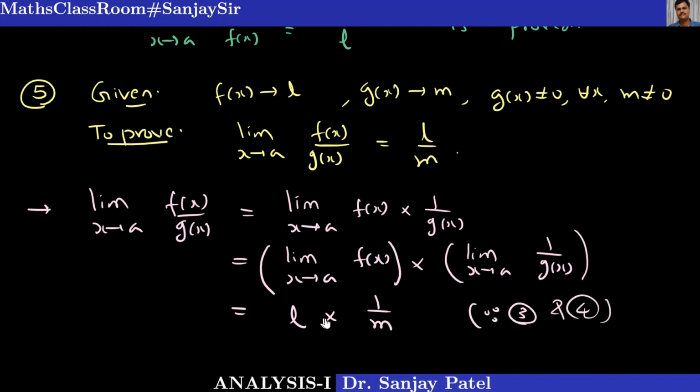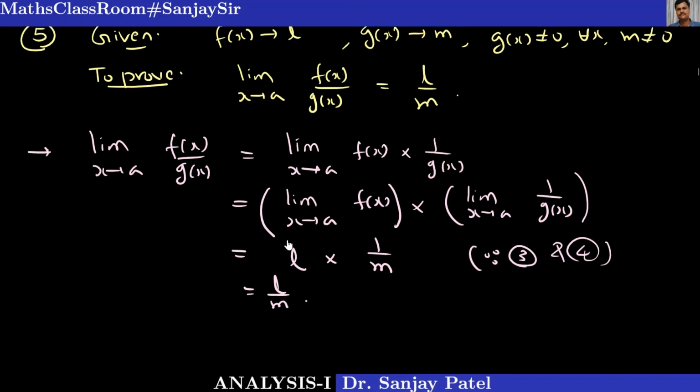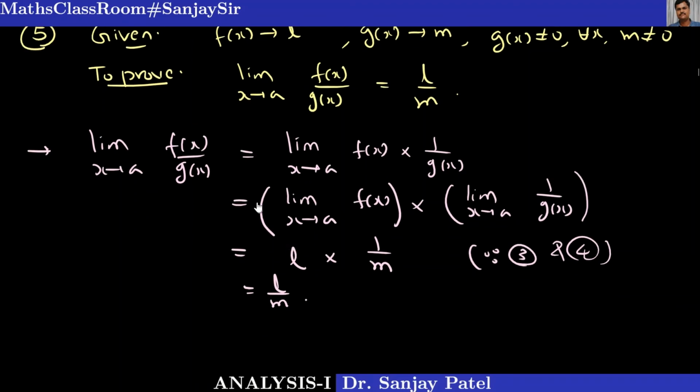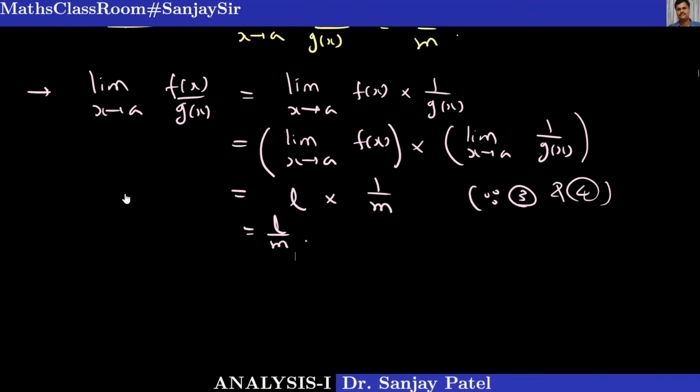So the result is proved. This is equal to L by m. So it is straightforward. If you are interested, you can also prove it independently using the epsilon delta method, but that will be a long proof. So this is better, but still as an exercise you can try this using the epsilon delta method and prove this working rule number 5 independently.